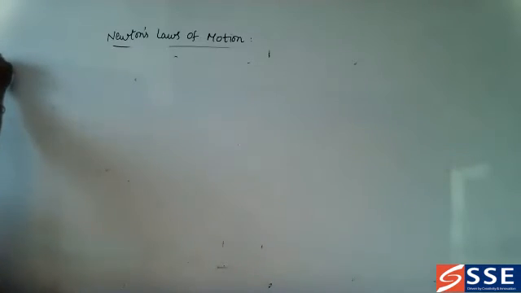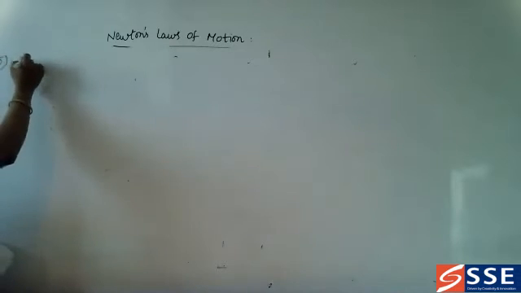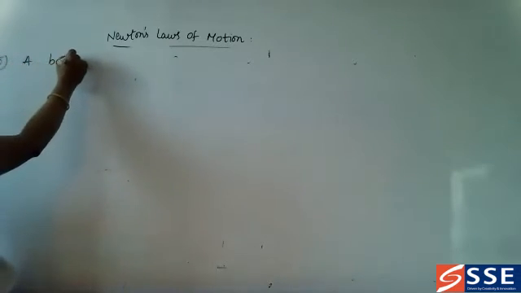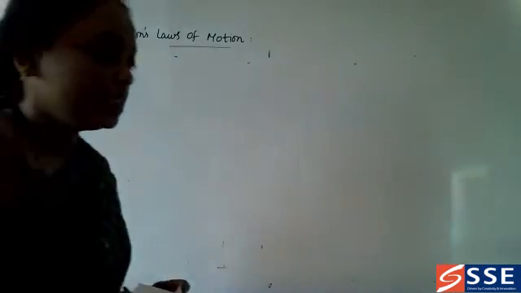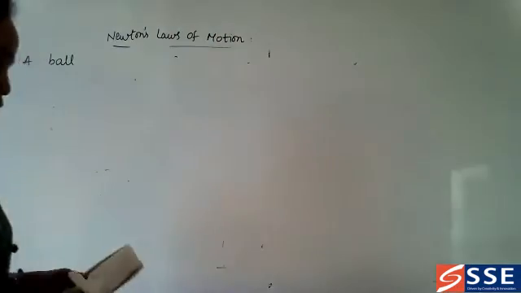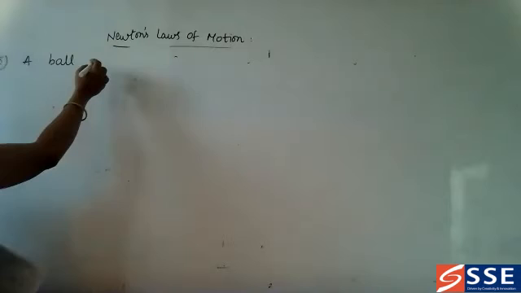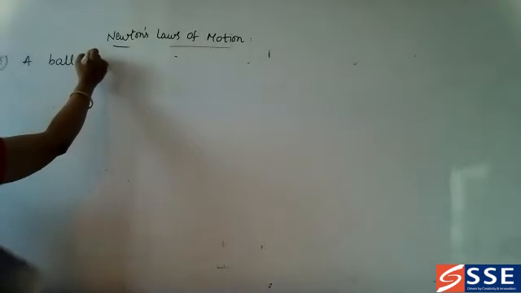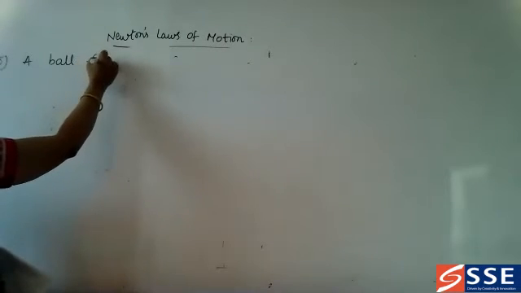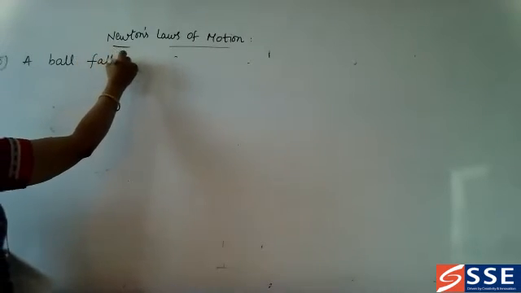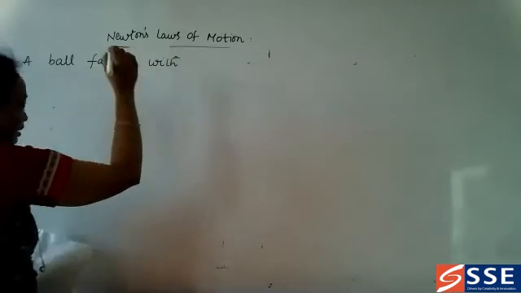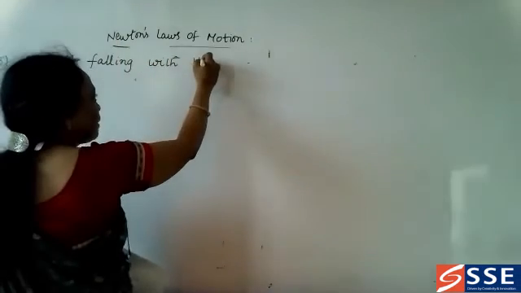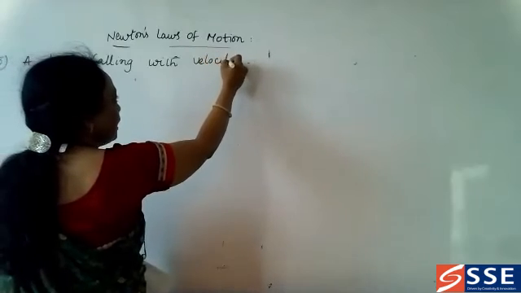So this is the fifth problem. A ball is falling with a velocity. Suppose you are taking a ball. The velocity is given.